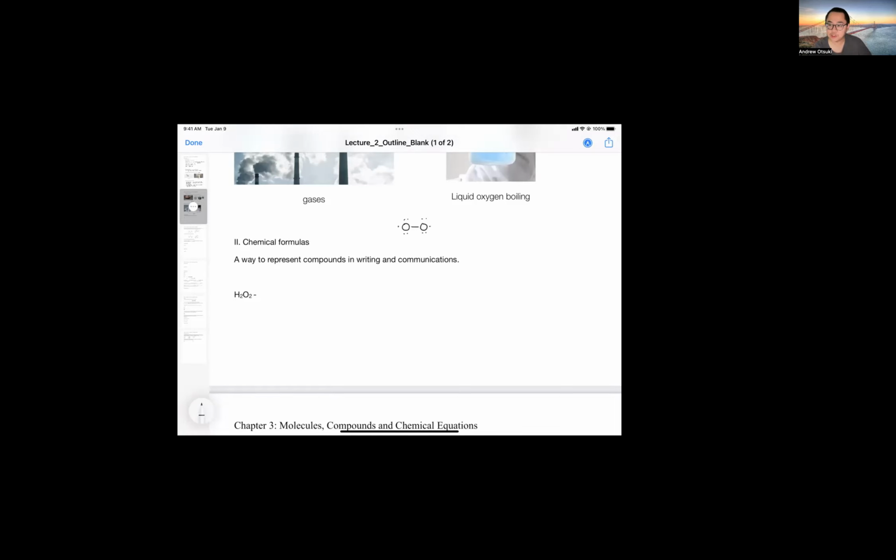So what is H2O2? Well, we call this hydrogen peroxide, a very common household chemical and a very good oxidant. What this formula says is that it has 2 hydrogen atoms and 2 oxygen atoms.